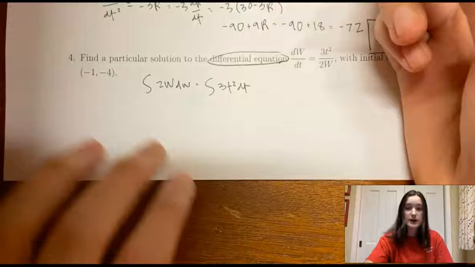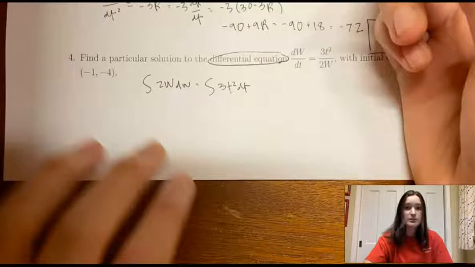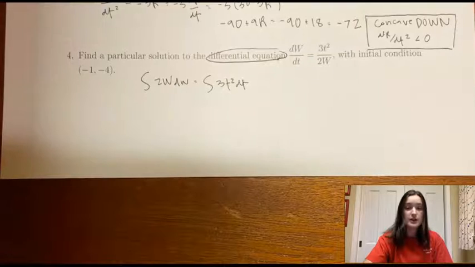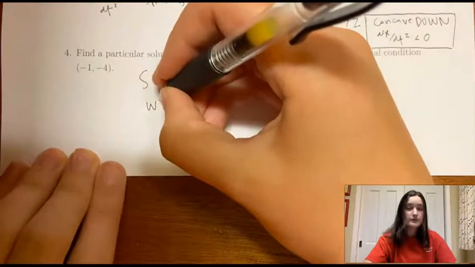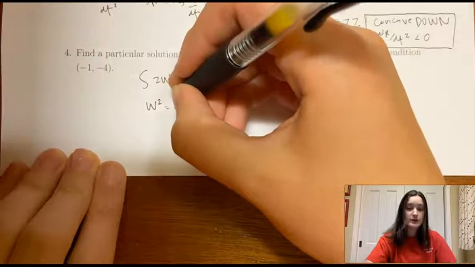You can see I have integral 2w dw equals integral 3t squared dt. So I've just cross-multiplied and written it. I haven't integrated yet. And integrating is the next step. So these are pretty basic integrals. I'm going to have w squared.